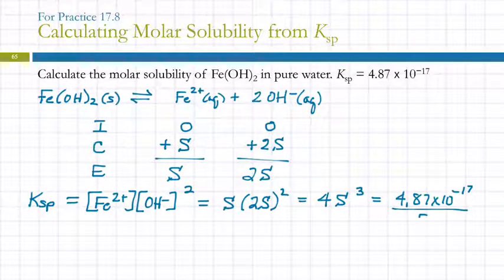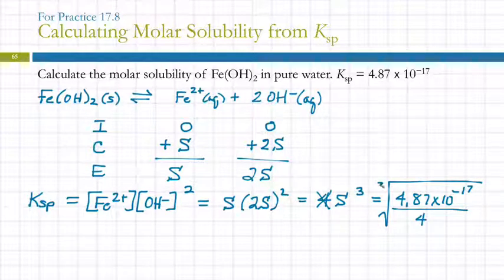So if I divide this side by 4, I can get rid of that. And then to get rid of the cube on S, I need to take the cube root of both sides. So I'm going to take the cube root of this whole thing, and then that'll get rid of my cube on the S. On the TI-36X Pro, if you want the cube root, you put in 3 first, and then there's a root with a square button.